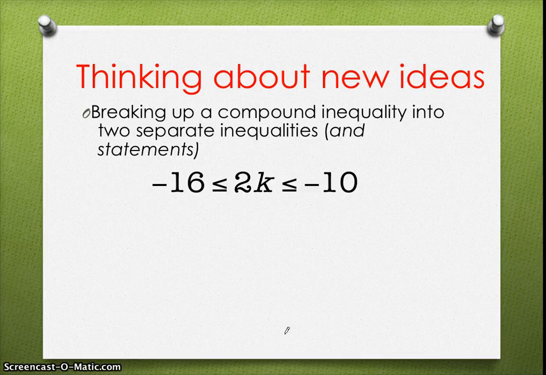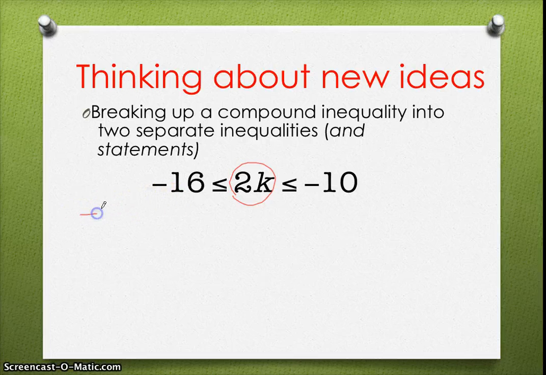What do we do when we have an expression, and in this case called an AND statement? An AND statement means that we have one variable expression, but it has two different restrictions. So if you see that there is a variable expression contained within the variable inequality, we're going to break it up into two separate inequalities.